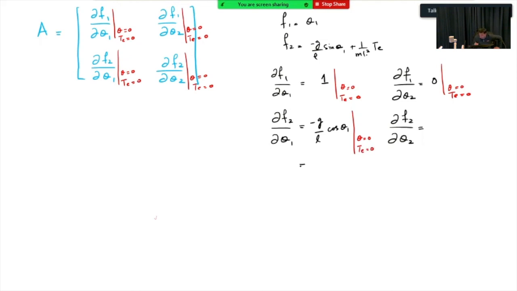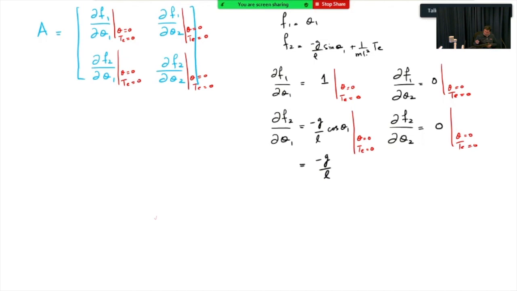So it turns out to be minus g over L because cosine of 0 is 1. And the last one, this one was zero, so it's 0 because you don't have any theta 2 there.